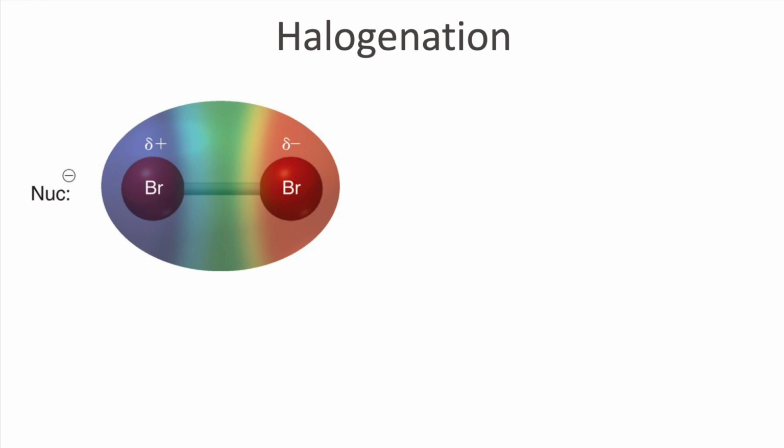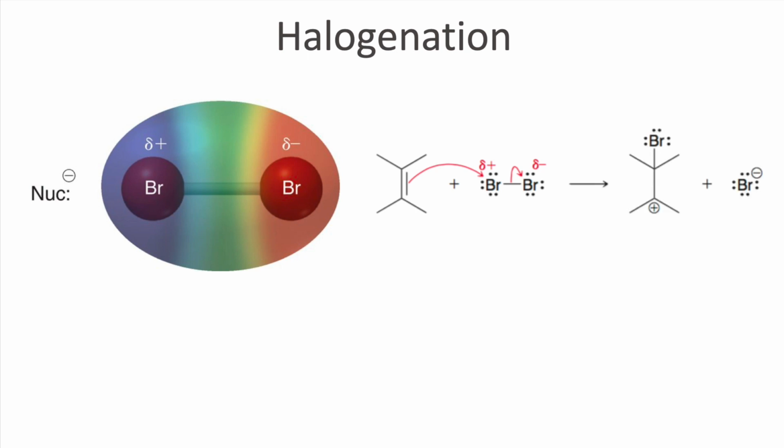Especially if you have a nucleophile around, the proximity of that nucleophile will make one of the bromines more electrophilic and therefore more susceptible to be attacked by the nucleophile. And as we have seen in this entire chapter, our alkene is a very good nucleophile. So you can imagine the nucleophile attacking one of the bromine atoms that is more electrophilic, giving us this carbocation intermediate.